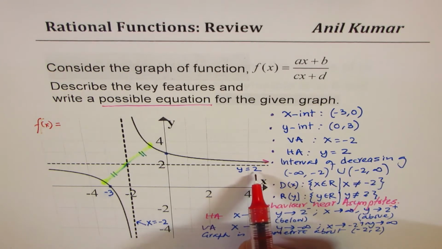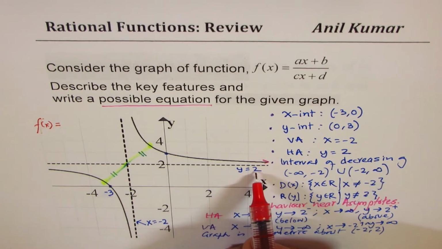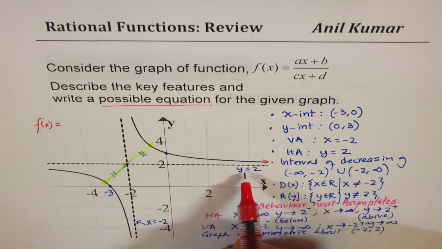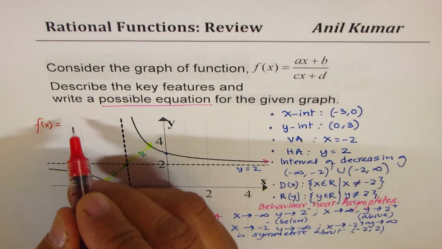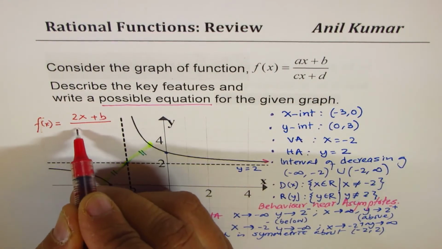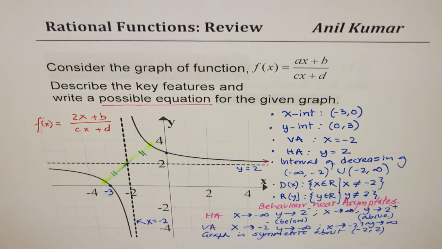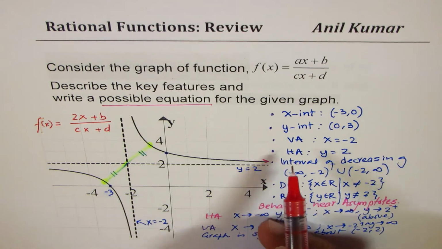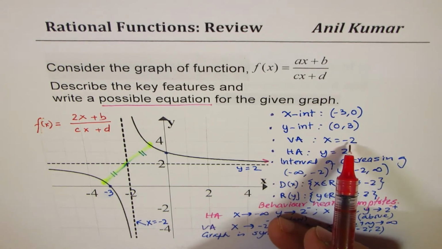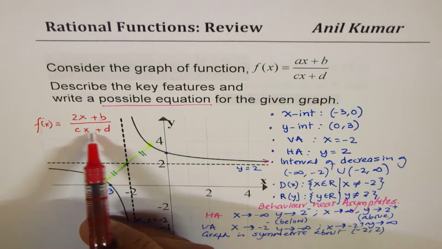So if I say the horizontal asymptote is at 2, it means what? It means this ratio is 2. So I'll write 2x plus b over cx plus d. Do you see that? It's like a process. Now I say that the vertical asymptote is -2. That means -2 should give me 0, right?